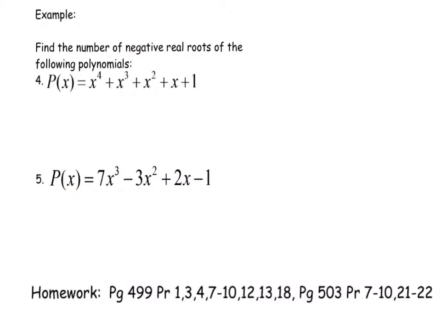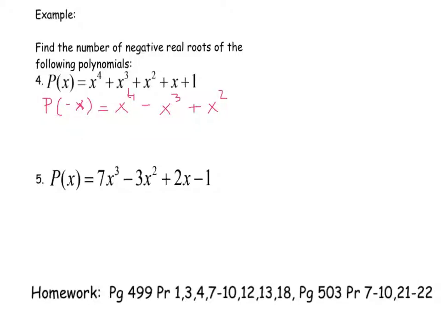The first thing we'll do is we'll find p of negative x. Since p of negative x, x to the fourth is still going to be a positive x to the fourth. The second term is going to be negative x cubed. The x squared term is again a positive x squared.